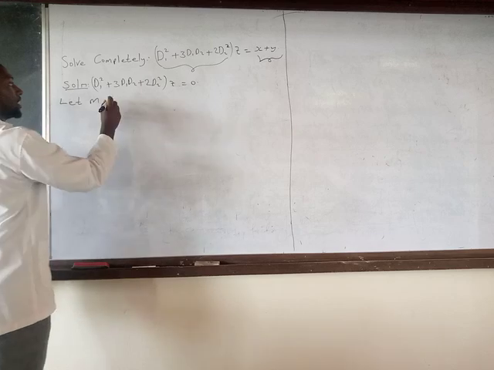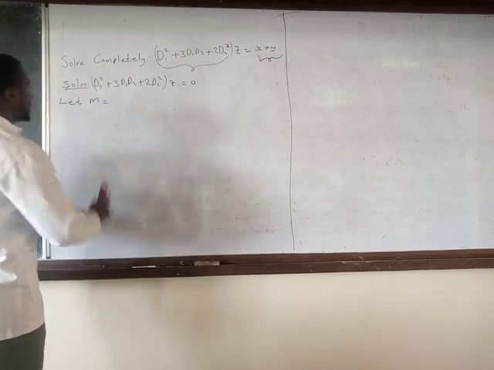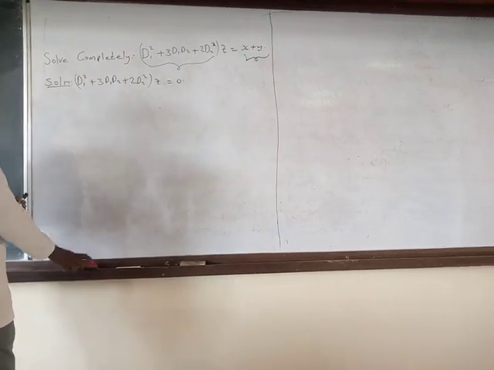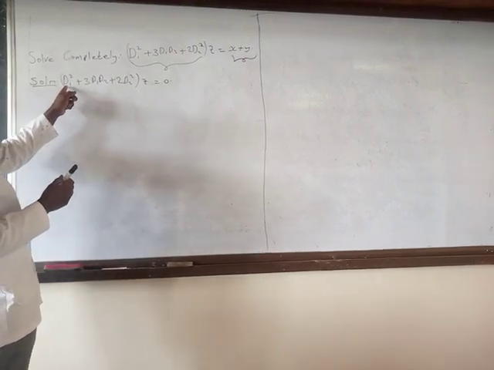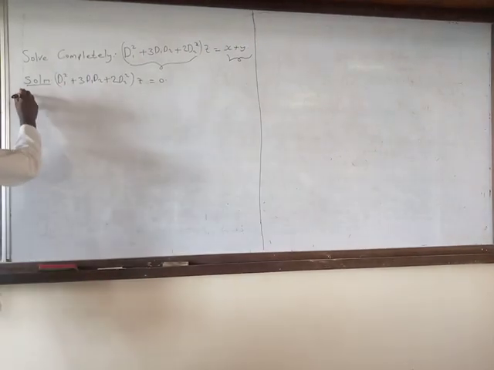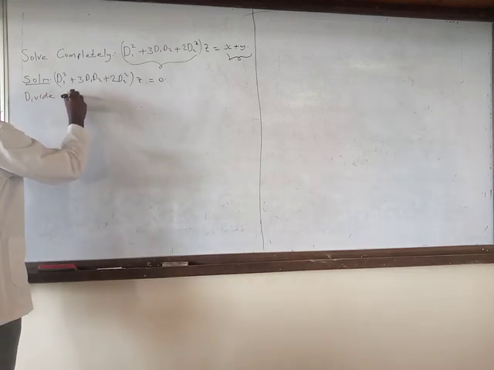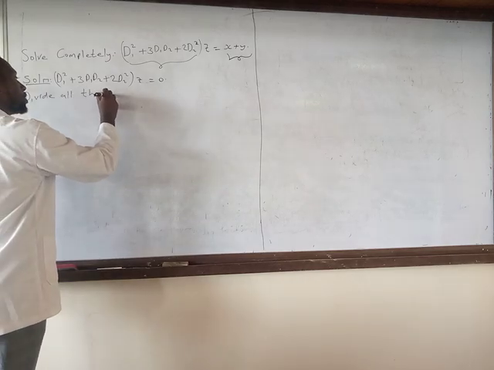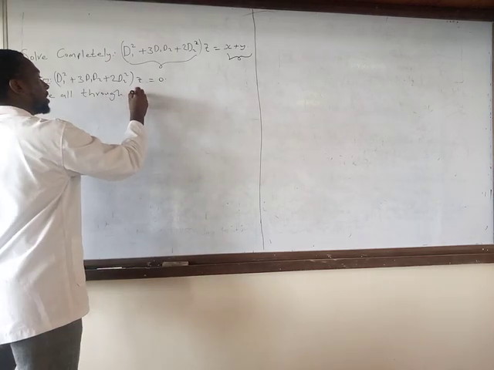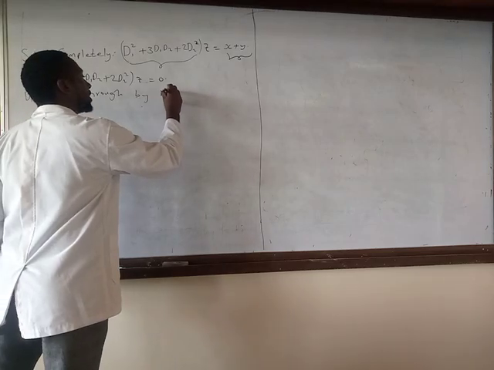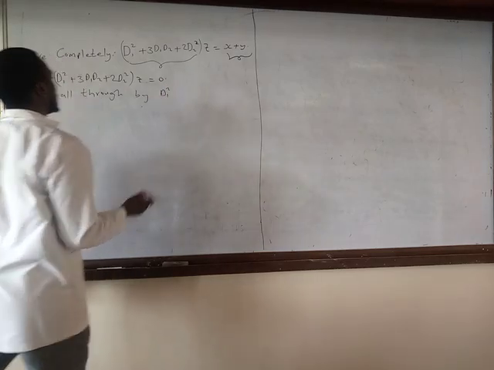Now to solve the homogeneous part, let's first use these concepts. We divide all through by D1 squared.